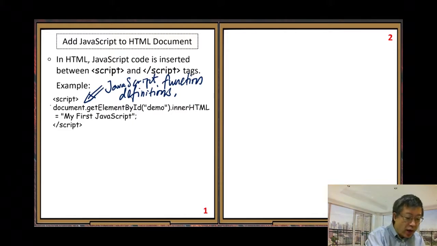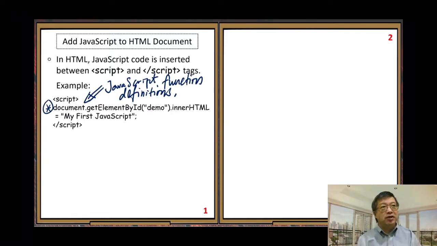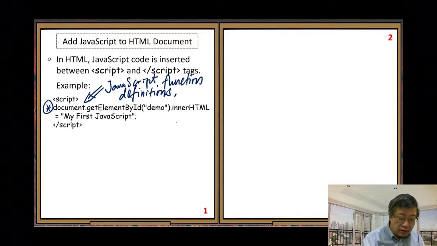First, what is this document? We call this the JavaScript document object. To understand this concept better, later we have one section where we talk about the DOM concept.